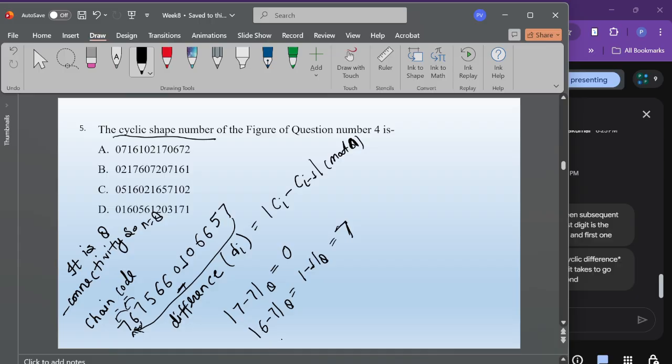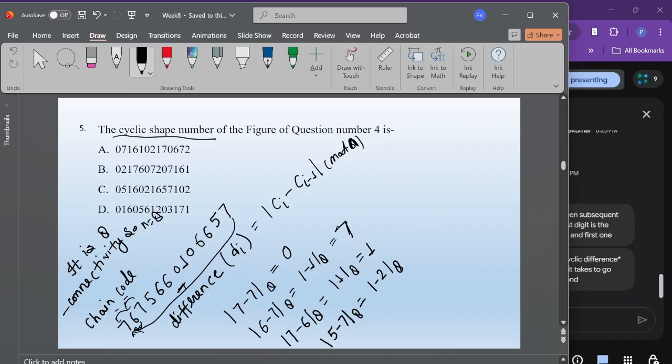Now next one is 7 minus 6 mod 8. Here it is a positive number, so it will be 1. Now next one is 5 minus 7 mod 8, so minus 2 mod 8.